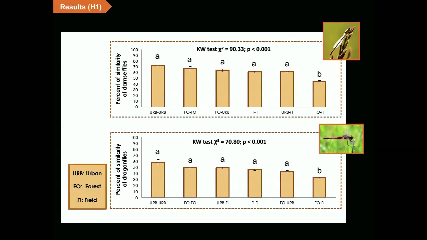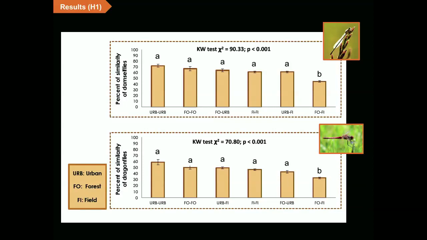Then we compared the similarity of the assemblages for the two suborders, damselfly and dragonfly, between the different contexts of ponds. We compared urban with urban, forest with forest, forest with urban, field with field, urban with field, and forest with field, and we used a Kruskal-Wallis test.